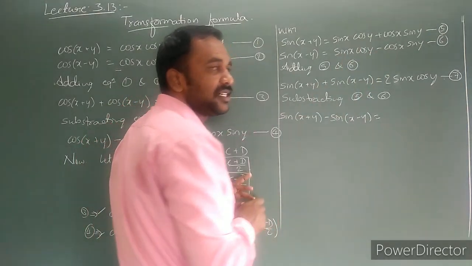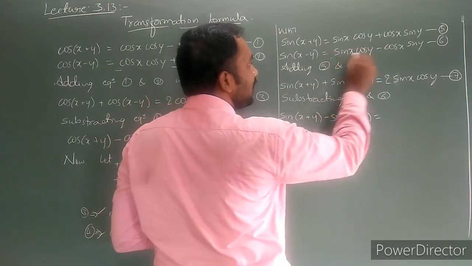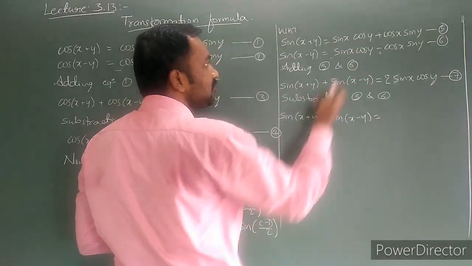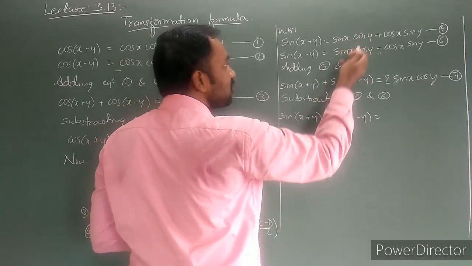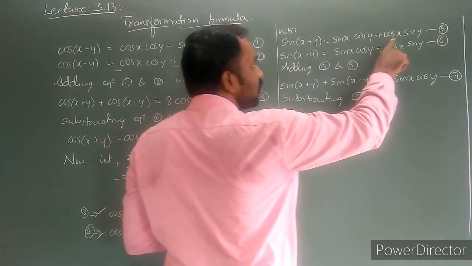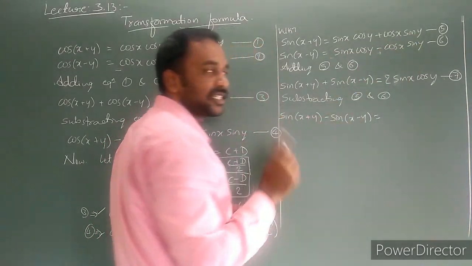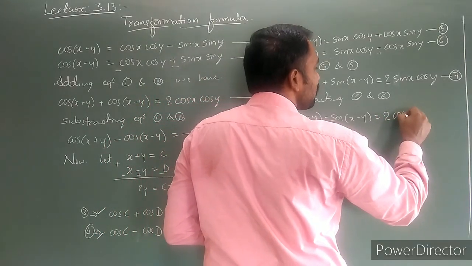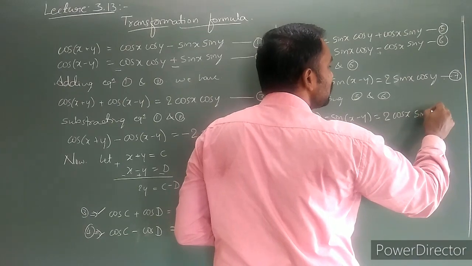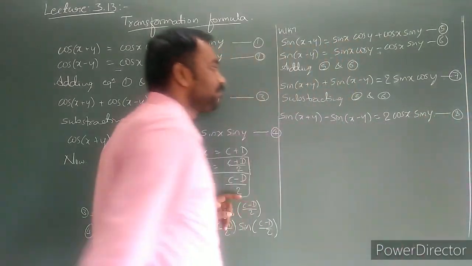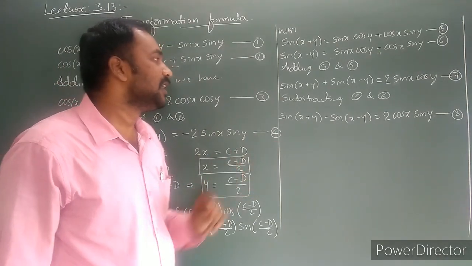Here we have to change the sign, here minus sign, here plus sign. This term minus this term, same quantity sin x cos y, opposite sign, gets cancelled. Here cos x sin y, same quantity, same sign. That means 2 times cos x into sin y. Call this equation number 8.